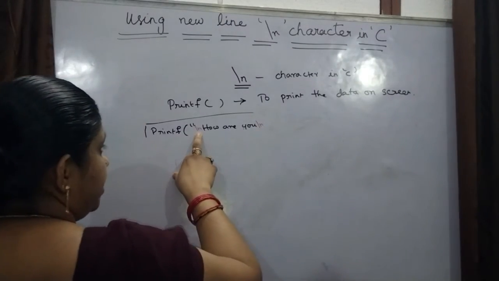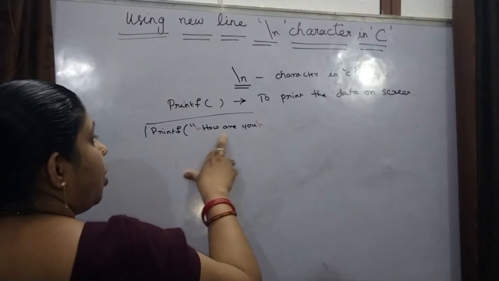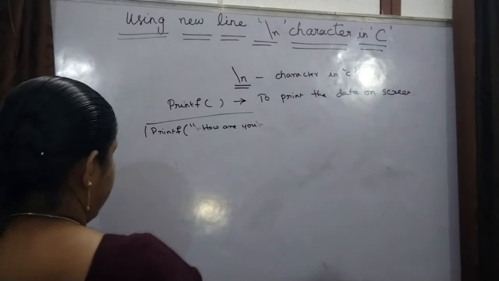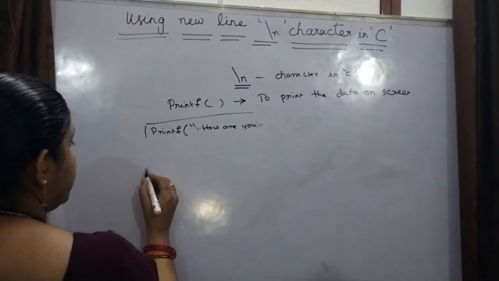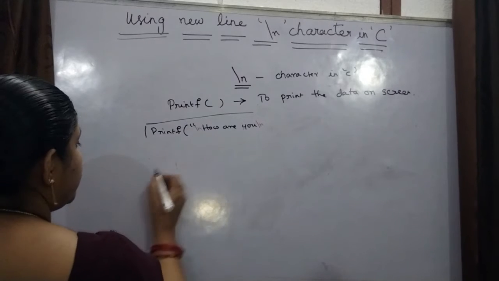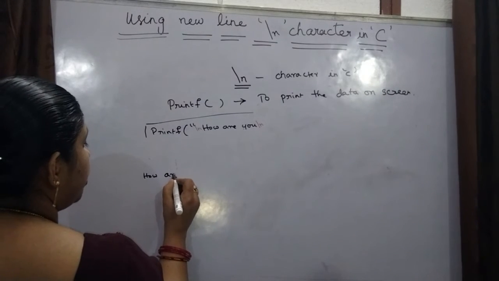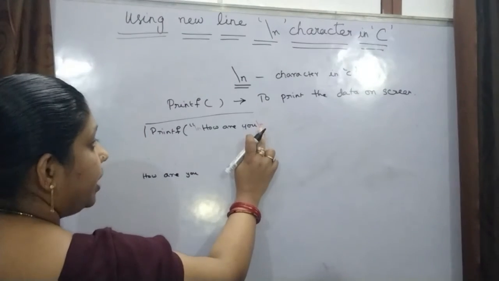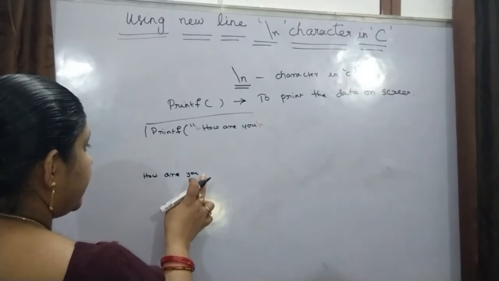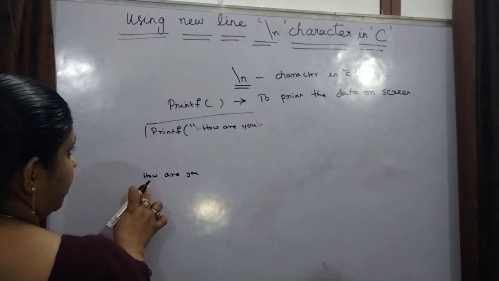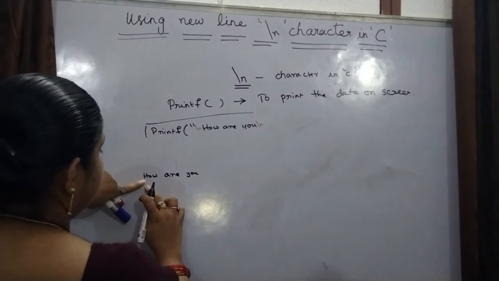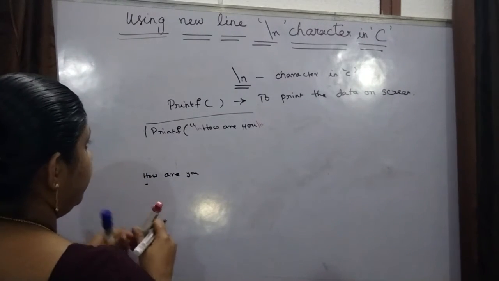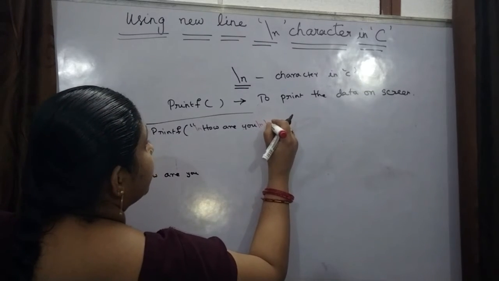See, first I have given \n, how are you, then it will print this. The compiler comes here, it checks this and it automatically comes to the next line here.